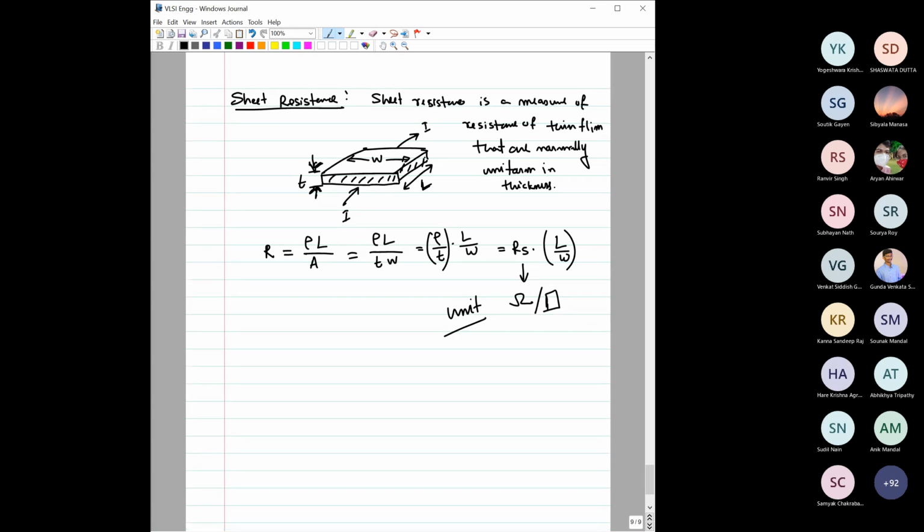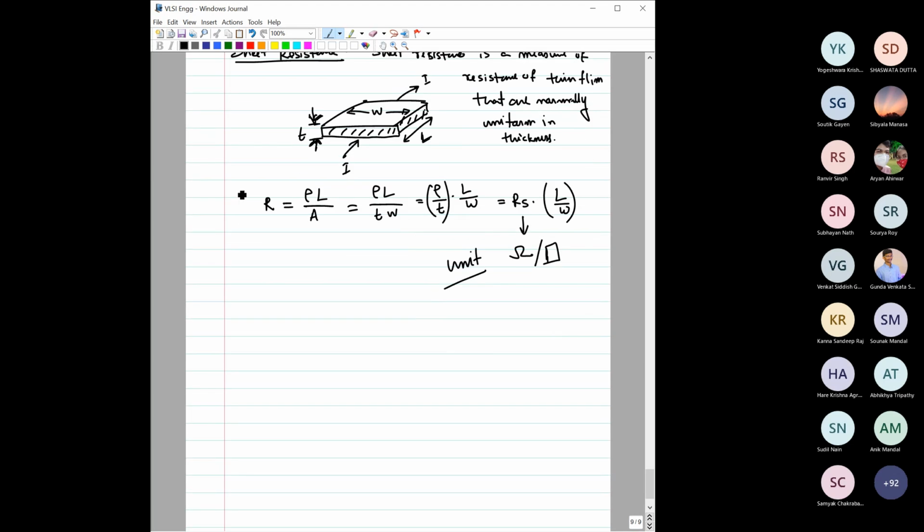Now, why say per square? Because see here, what is the important thing from this? R is equal to Rs into W by L, right? Let's say L is equal to 1 mm, so does W. Then R is equal to Rs, right?